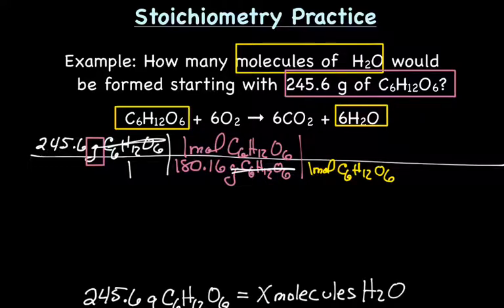And on the top is going to go 6 mole of water. Okay, let's cross out our units. Mole C6H12O6, mole C6H12O6. We are now at moles of H2O. The problem is we wanted number of molecules of H2O.